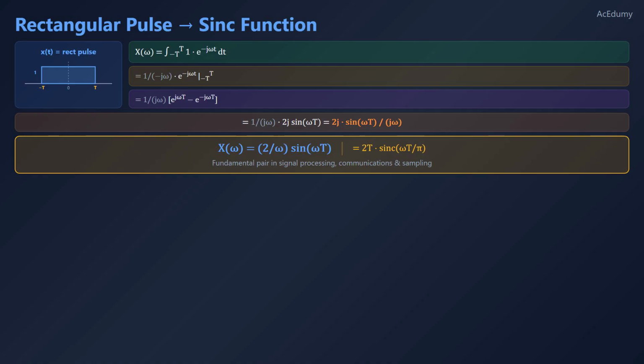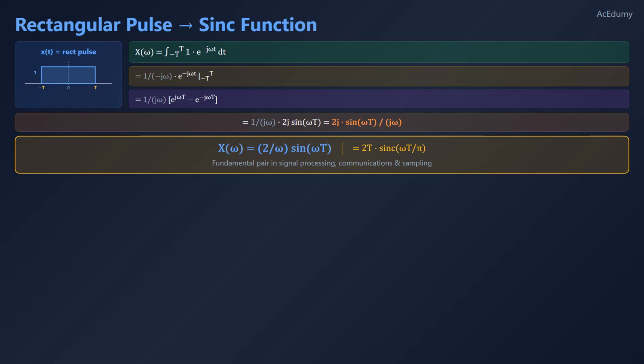Integrating the exponential, this equals e to the minus j omega t divided by minus j omega evaluated from minus T to T. Substituting the limits, 1 over minus j omega times the quantity e to the minus j omega T minus e to the plus j omega T.